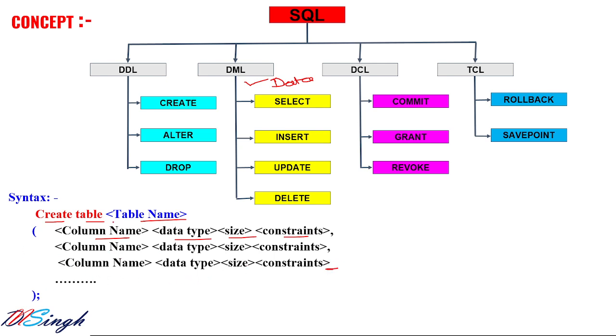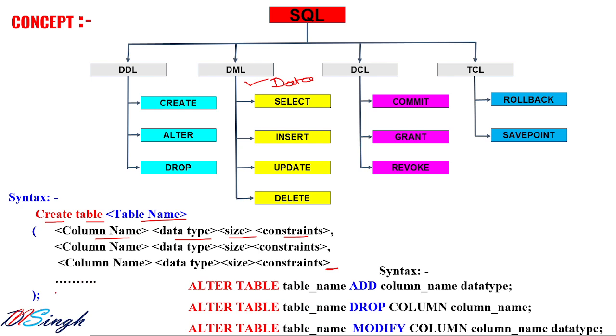Then create table, then table name, open bracket, and then you are going to write column name, data type, size, and constraint. Next column name, next data type, size, and constraint. Like that you continue. Only the last column will not have a comma at the end. Then you close the parenthesis. Remember, do not forget to put a semicolon after each query. Like that you can also create a database using create database.